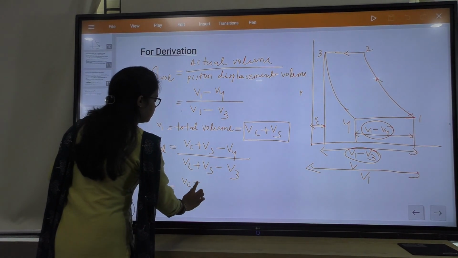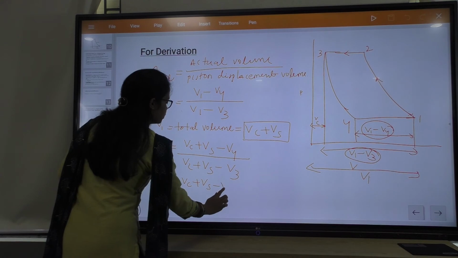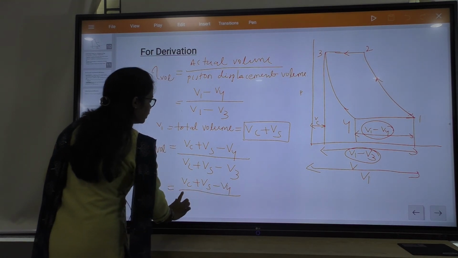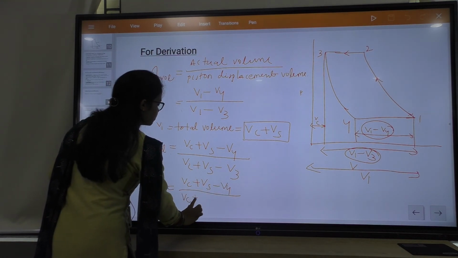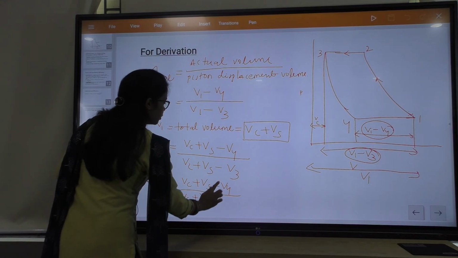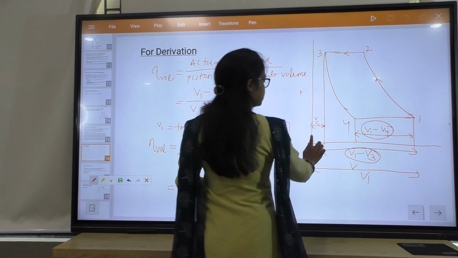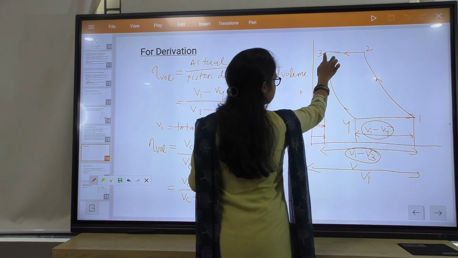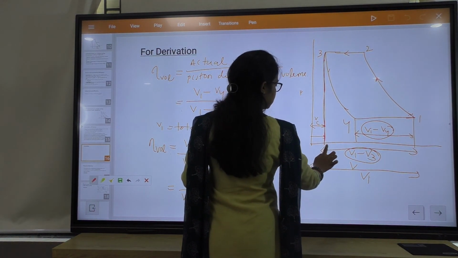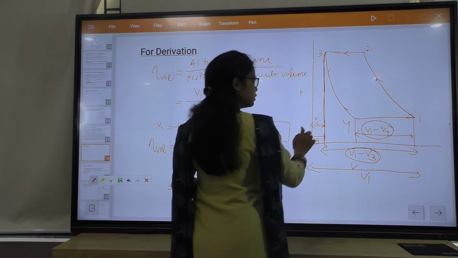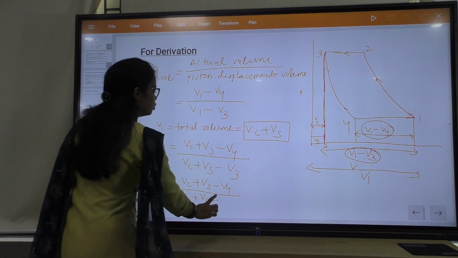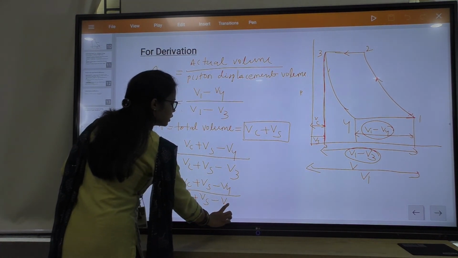So, Vc plus Vs minus V4 divided by Vc plus Vs minus V3. What is V3? V3 is the Vc value, because this is point 3. So V3 is equal to Vc, and in place of V3 you can write Vc.